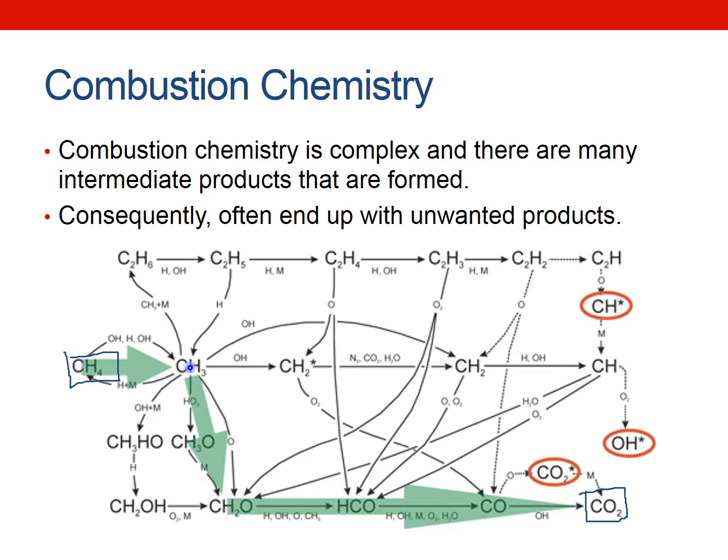So you're forming CH3, all these formaldehydes, carbon monoxide, to eventually get to CO2. That's the way that you want to go. But the reaction could go any of these ways that it chooses, and all these products are being generated simultaneously during the combustion process.